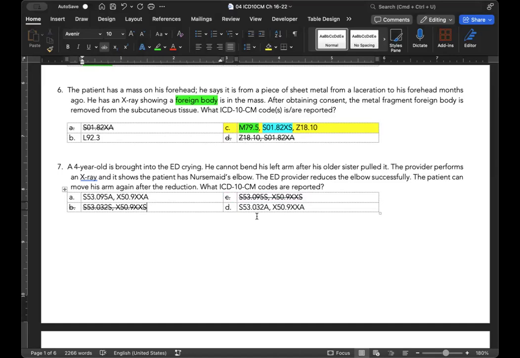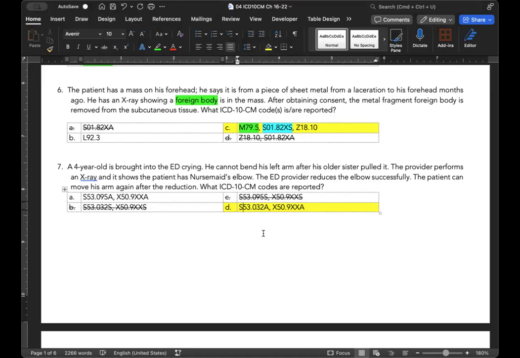And then S53.032 is your nursemaid's elbow. So yes, we want the 0.032 for our nursemaid's. Okay. Any questions on that one?